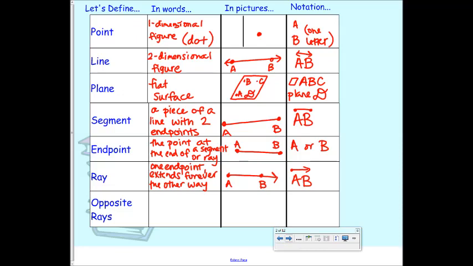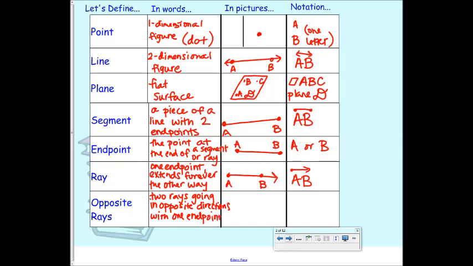All right, and opposite rays are just 2 rays going in, exactly, going in opposite directions, with one endpoint.